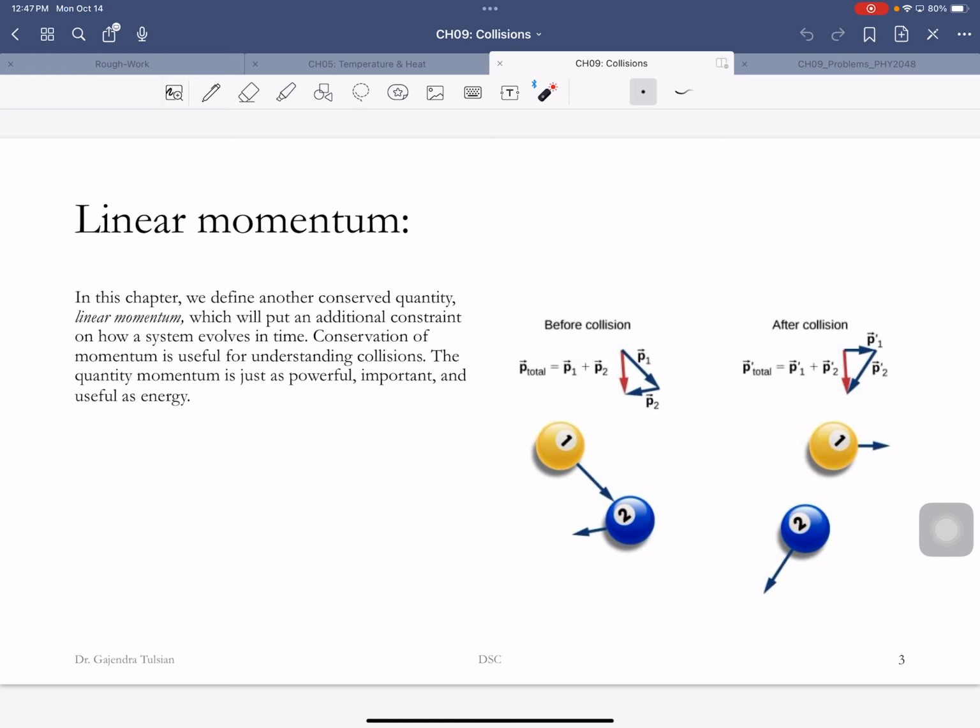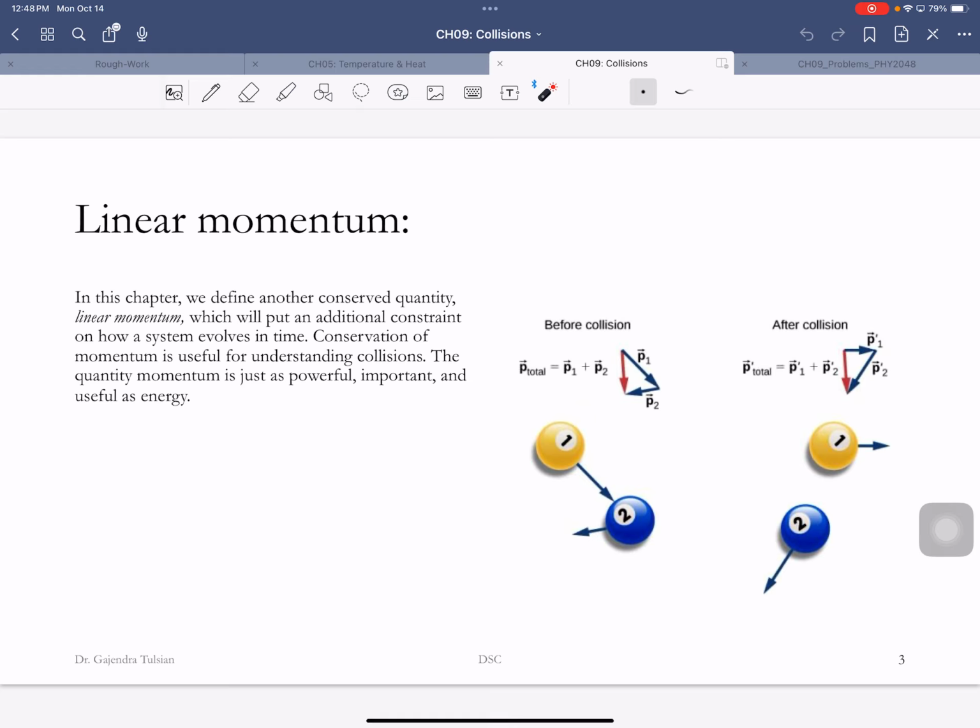So the quantity momentum is just as powerful, important, and useful as energy. You always hear of conservation of energy, but momentum is just as useful. And that's what they're showing in this diagram. So here's this guy colliding with him. This guy's going in that direction. This guy was going in that direction. They collide, and after the collision, this guy is deflected off in this direction. This guy is deflected off in this direction. This guy's initial momentum is that.